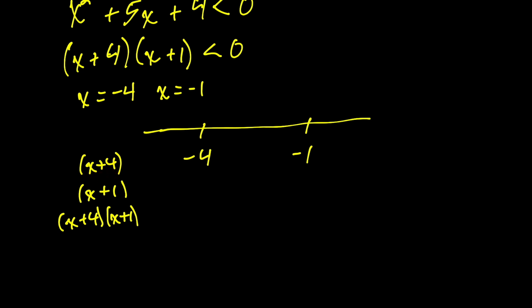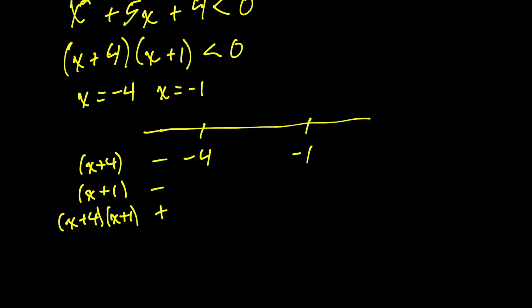Well, it's negative 1, but the only important thing is that is a negative number. Okay? Then what if I put a negative 5 in place of this factor? Negative 5 plus 1, that's also a negative number. So what is a negative times a negative? So in this region, less than negative 4, this is negative and this is negative. So negative times negative equals what? It equals a positive.